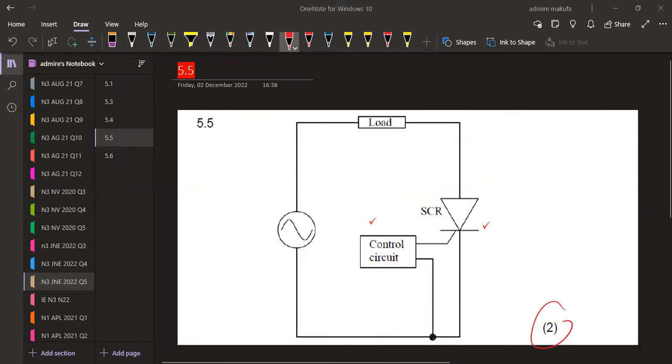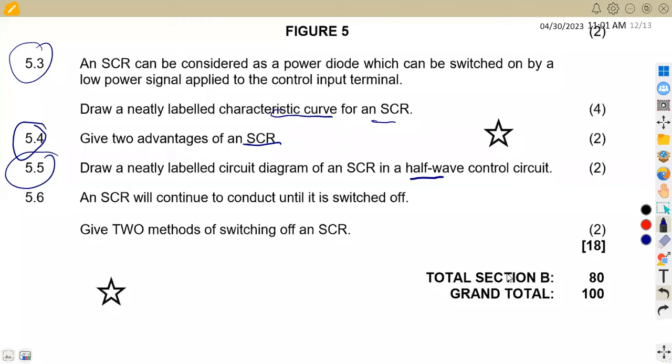All right, then the last part of the question, we are given that an SCR will continue to conduct until it is switched off. Give 2 methods of switching off an SCR, which means you do not just switch off. You have to apply methods that are specific for switching off.